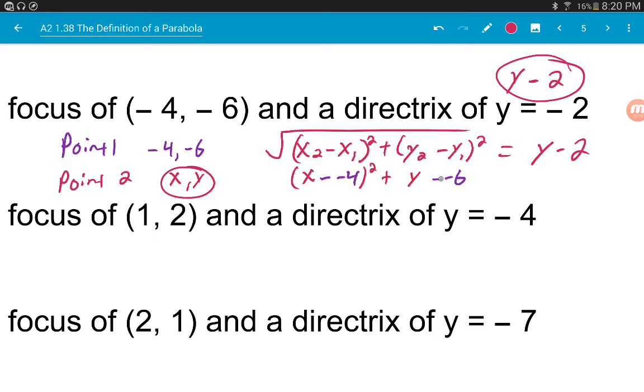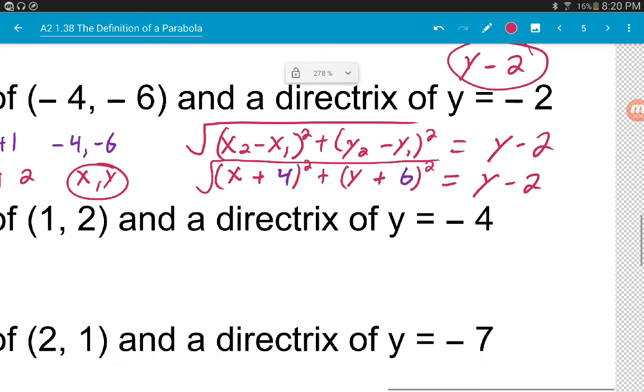Bring down the rest of the equation. You can turn these double negatives into plus signs. Change those into pluses. And they're still equal to y minus 2.